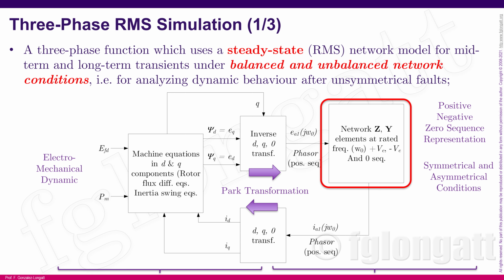Well, here you can see positive, negative, and zero sequence, that is a possibility using fundamental frequency. And again, we can use dynamic equations, differential equations, to represent components like the synchronous machine, okay? The three-phase functionality inside PowerFactory, in this case, uses a steady-state RMS network model.